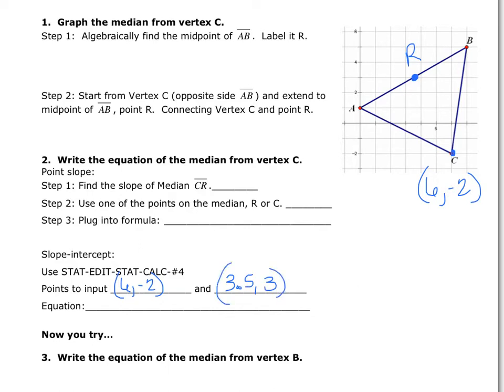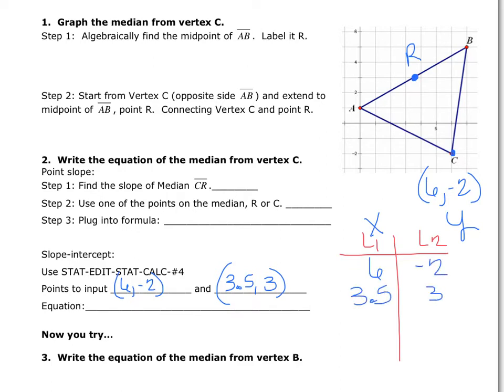So those are the 2 points you can use. And remember, you put them in your calculator. You hit Stat, you hit Enter for Edit, and then you put those in the L1 and the L2. And remember again, in your calculator, L1, L2, these are the x's and these are the y's. So in your calculator should be 6, negative 2, 3.5, 3. So you're going to put those in.